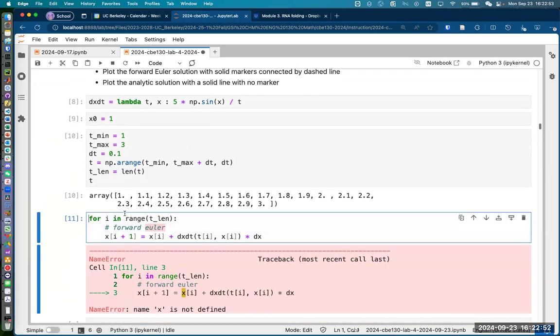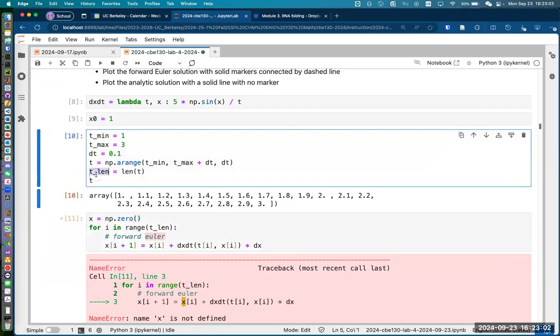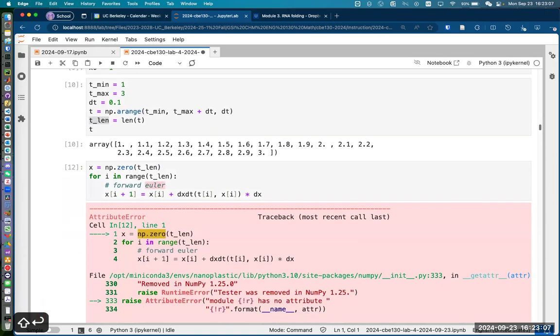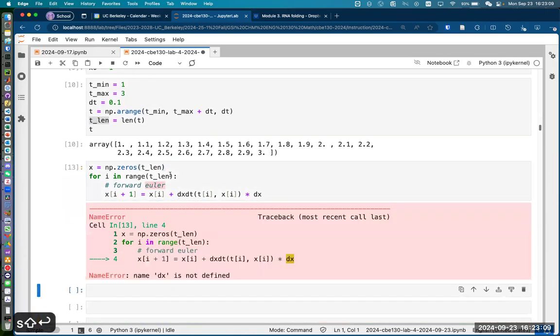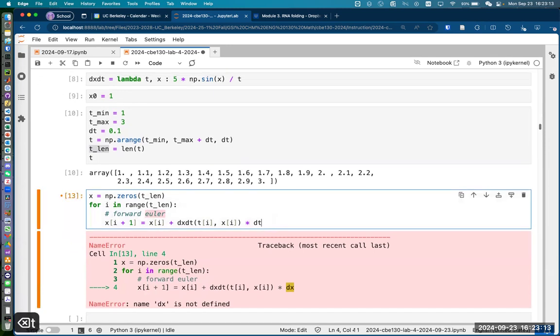So we need to define an empty x. We can start off by defining x with all zeros. So np.zeros of what size? The size should be the same as the length of t. Zeros. Okay. And then we haven't defined dx because it should be dt.